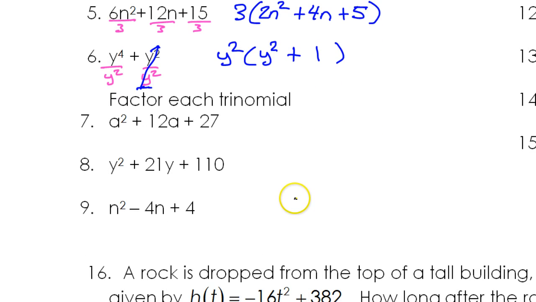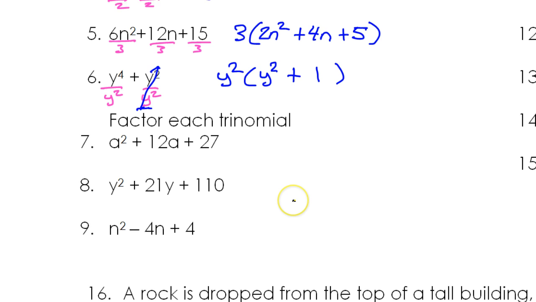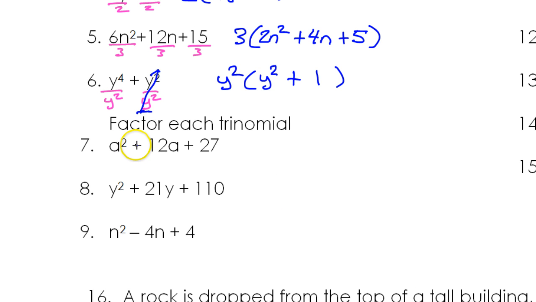We have to do more for the rest of these factoring problems. We need to be able to factor a trinomial. So when you factor a trinomial, if it's going to factor, it's probably going to factor as a binomial times a binomial. That's 2 terms times 2 terms.